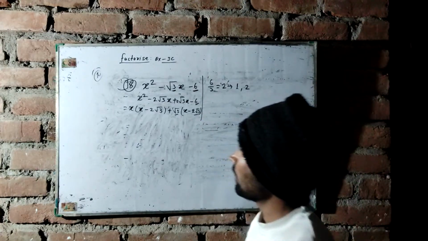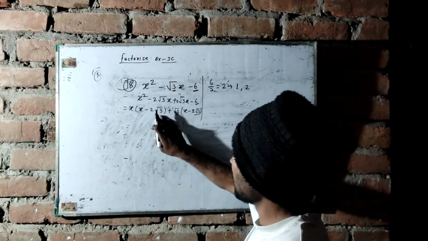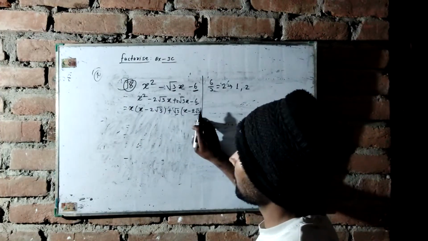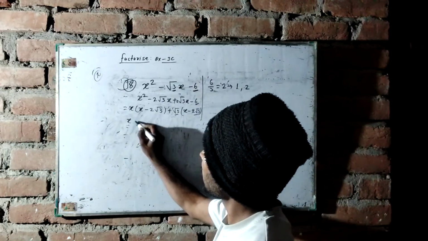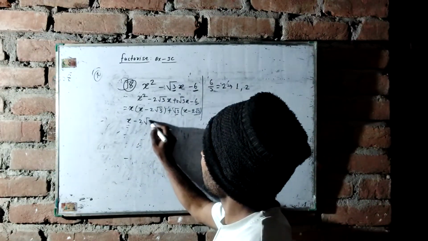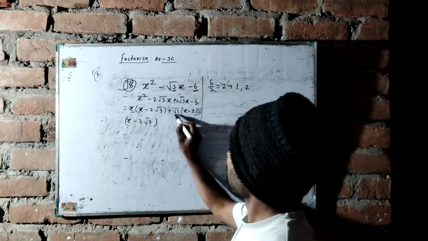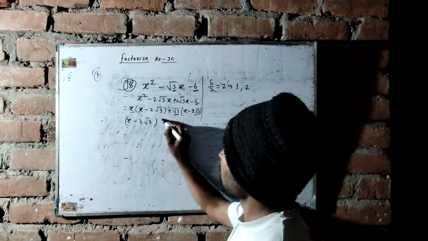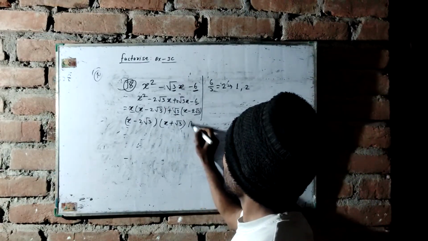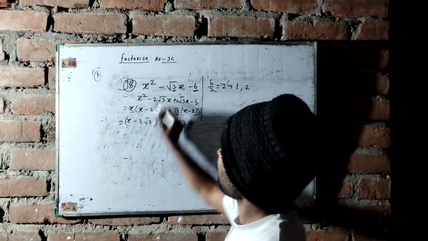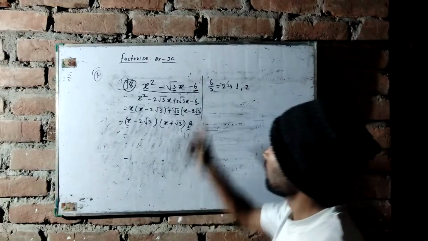So now we can see clearly x minus 2 under root 3 is present in both terms. So we can take x minus 2 under root 3 as a common, and we can write x plus under root 3 as a multiple. This is the required factors of the polynomial x squared minus under root 3 x minus 6.